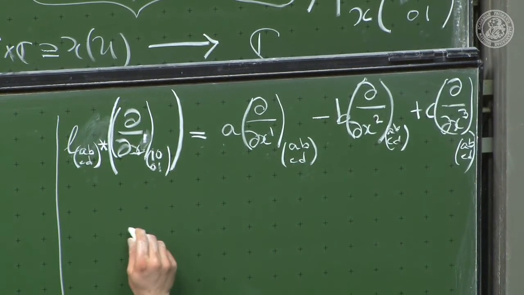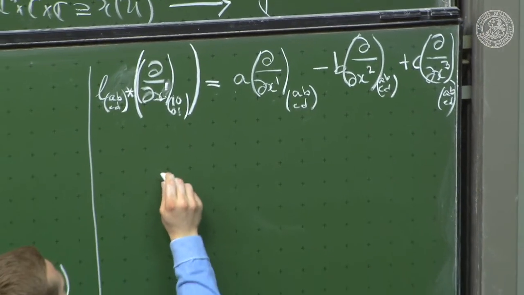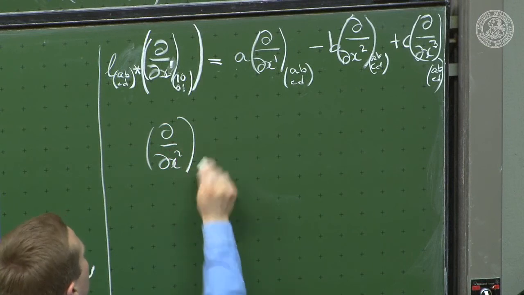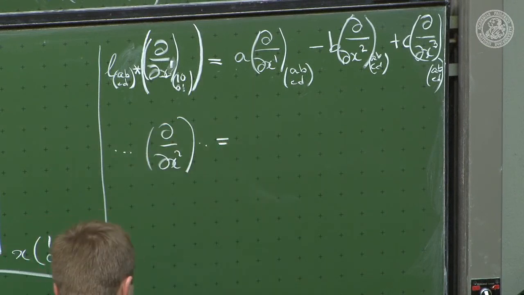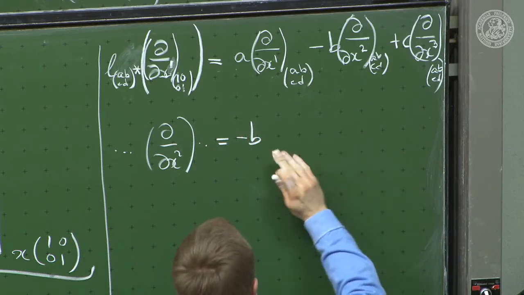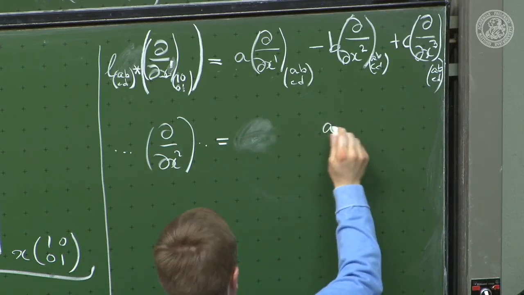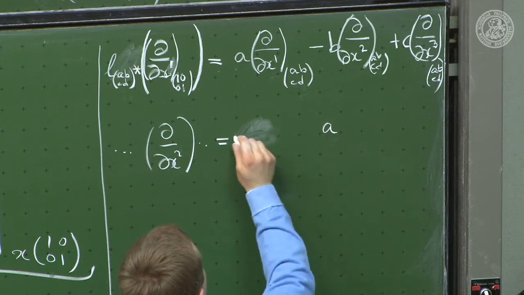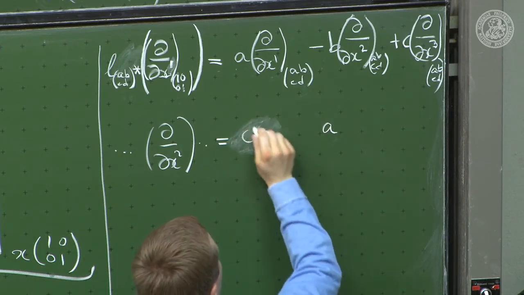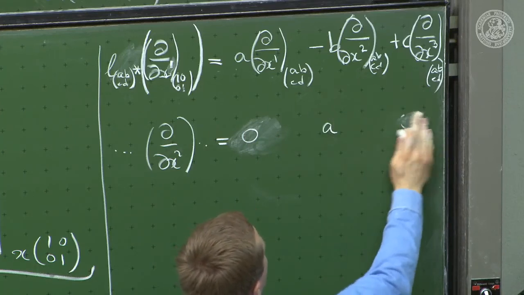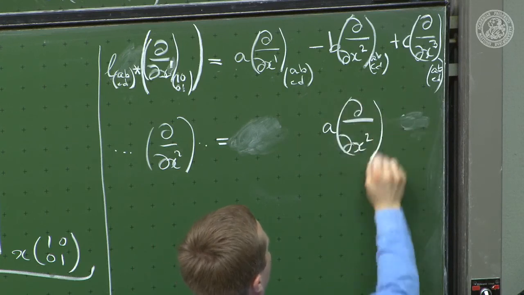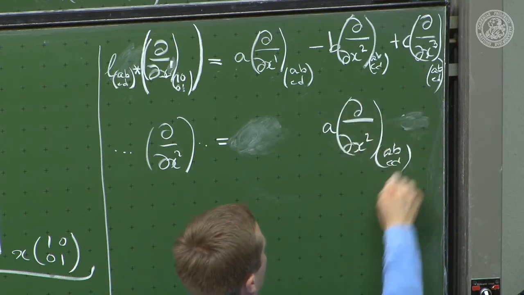And the same is true if I write d by dx2, and everything else is the same, equals, and then it has the factors minus B, 0, A. No, minus B was right. No, 0, A, 0. So there's only A times d by dx2 at that point.